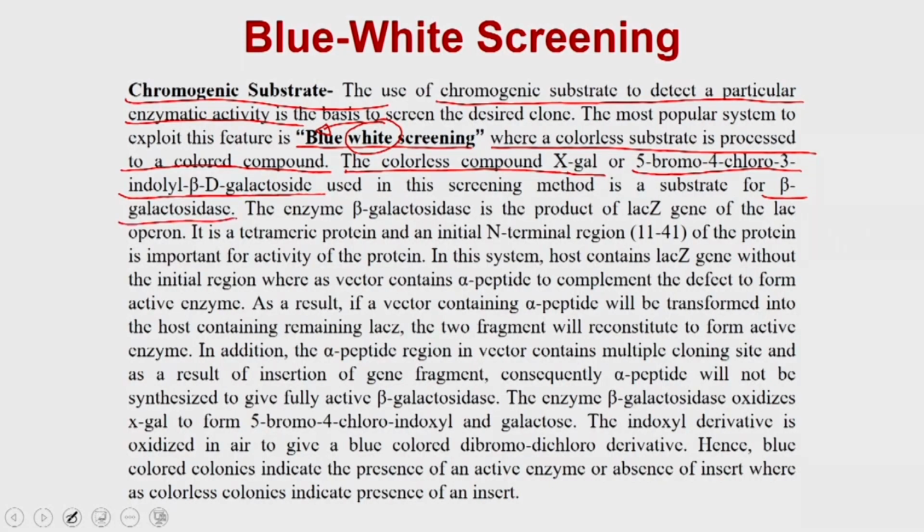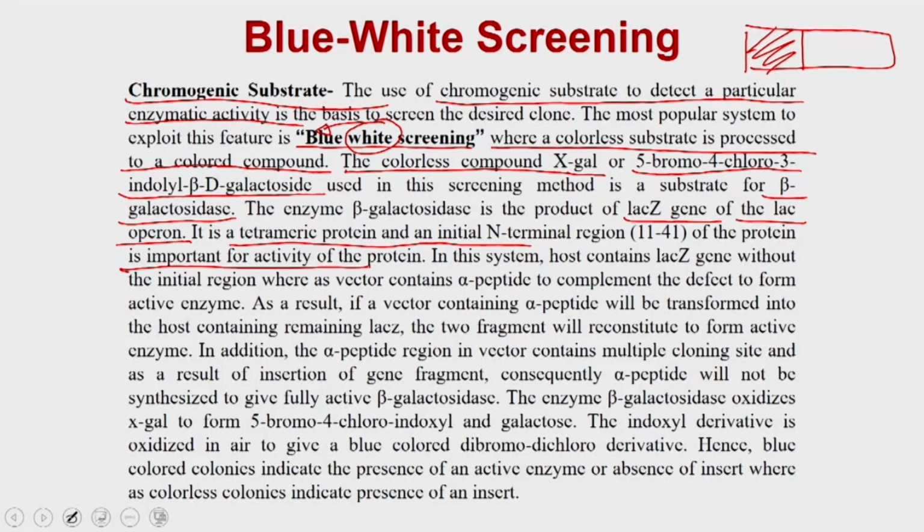Beta galactosidase is an enzyme which is the product of the lacZ gene from the lac operon. The lac operon is the lactose operon, and beta galactosidase is a tetrameric protein, and the initial N-terminus region is important for the activity of this protein.